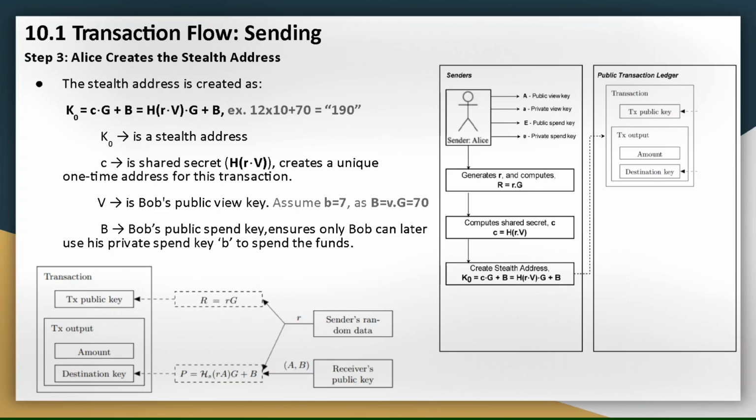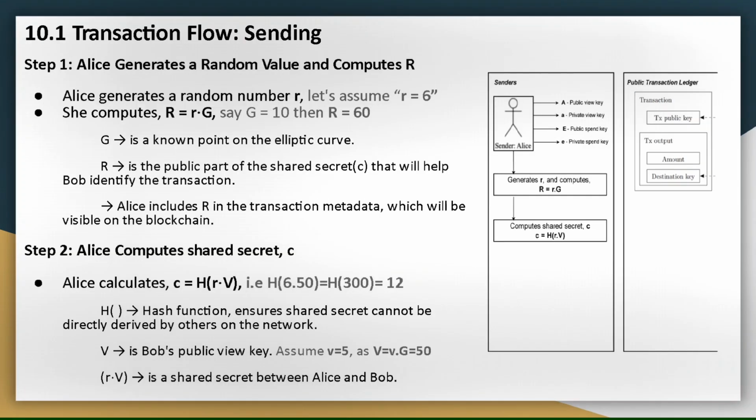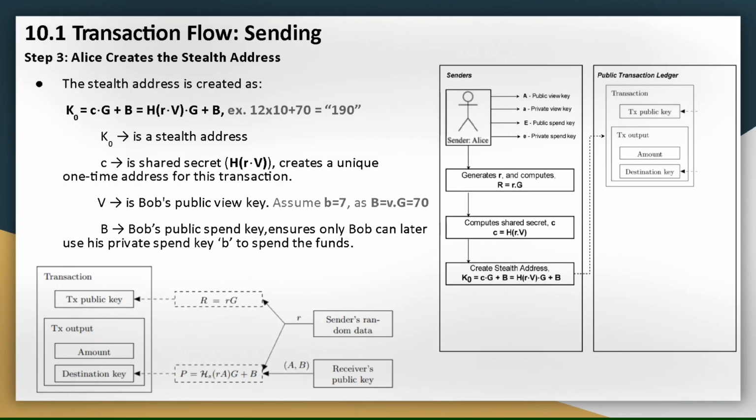The publicly visible parts do not expose Bob's public spend key and Bob's view key. So no one can use these two parts to link the transaction to Bob. Using capital R, he will not be able to generate small r.